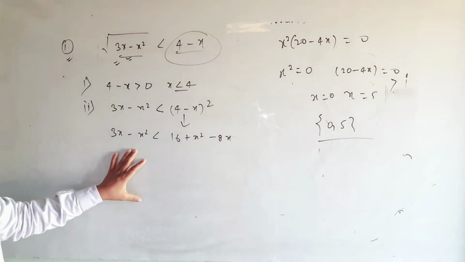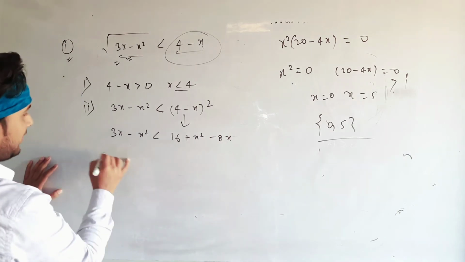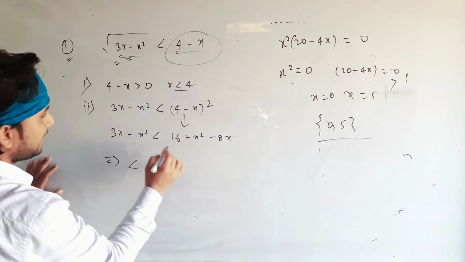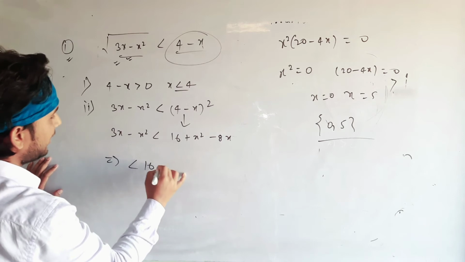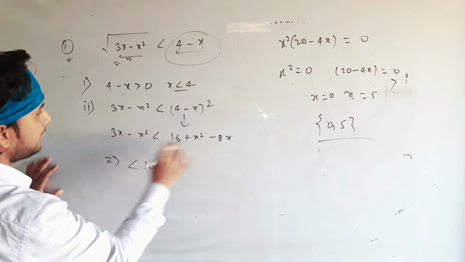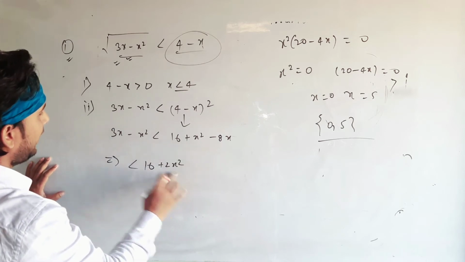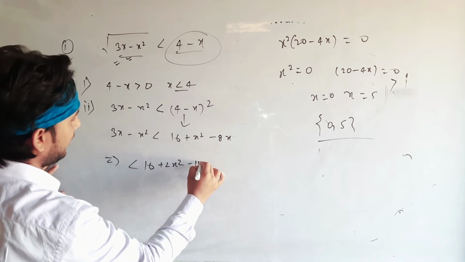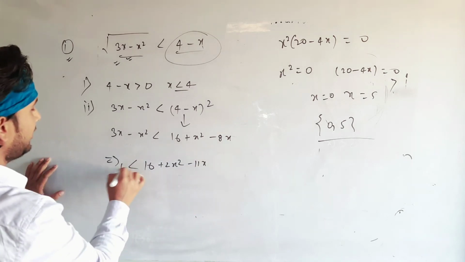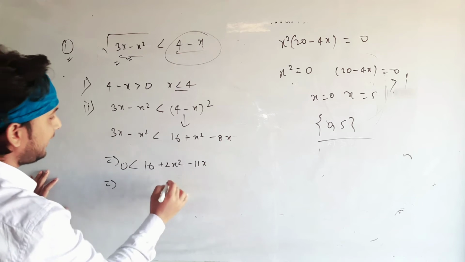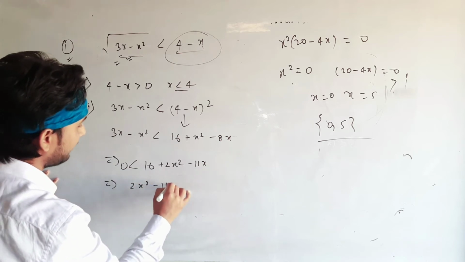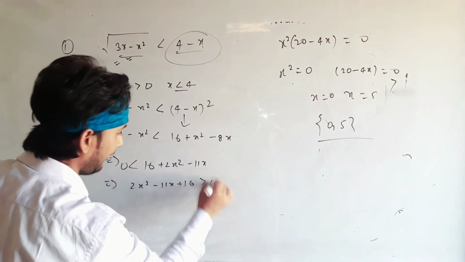Am I right? Okay. It means that this is 16 plus 2x square, and this is minus 11x. It means that 2x square minus 11x plus 16 is greater than 0.